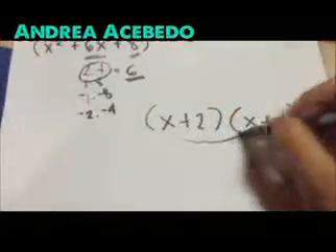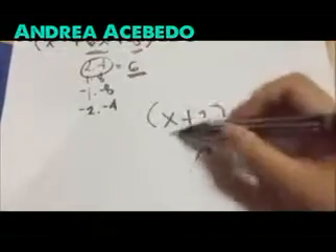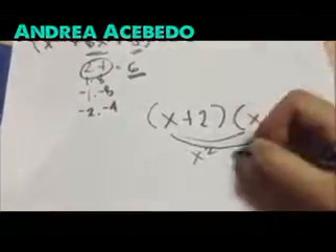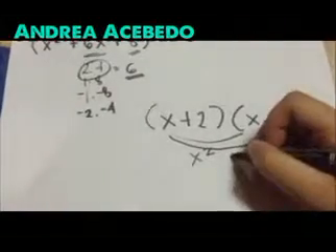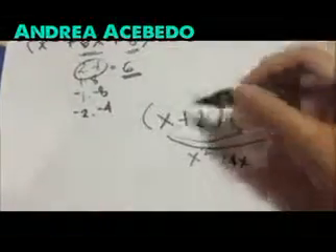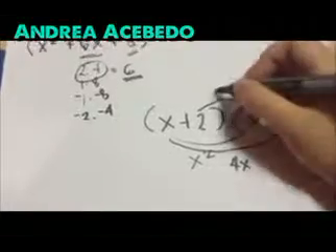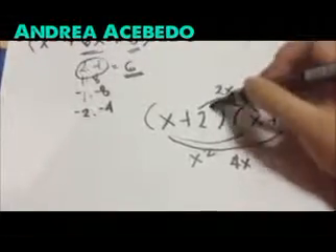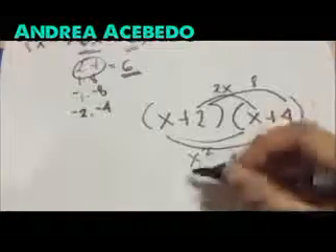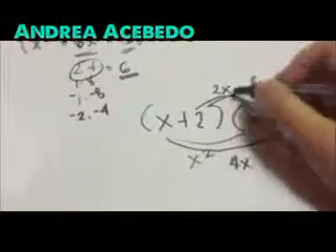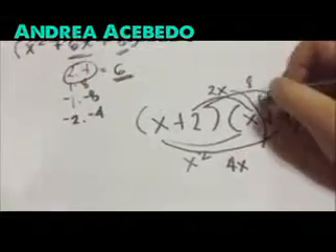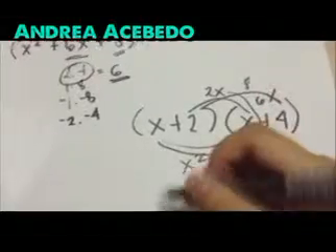So if you multiply this, that will be x squared, x times 4, that will be 4x, 2 times x, that will be 2x, and 2 times 4, that will be 8, and if you would combine the like terms, that will come out as 6x.